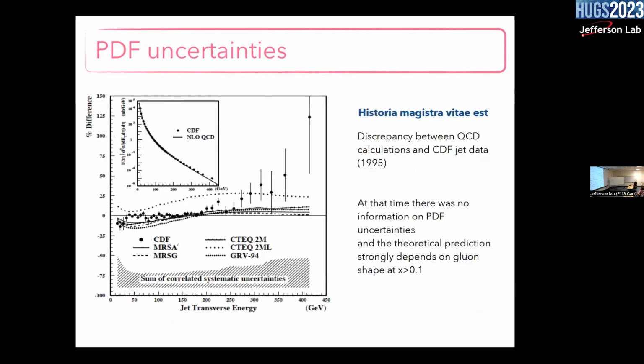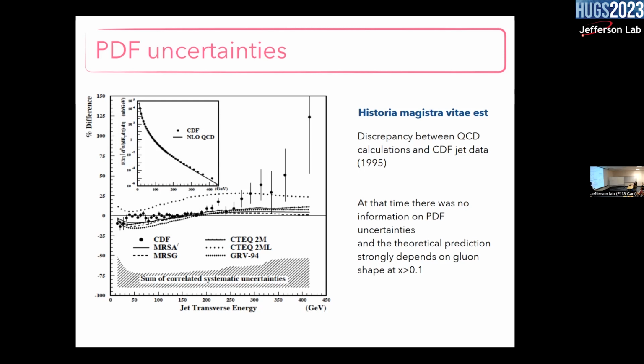And finally, that's something really dear to my heart because I'm doing a lot of research about it. Before, the structure of the proton was not a line with an error band, it was just a line, okay? So people were saying, this is my best central prediction for having a quark that carries a fraction X of the proton. And in 1995, they had these lines computed by various people, and the data were overshooting the theoretical prediction that you got using these particle distribution functions, okay?